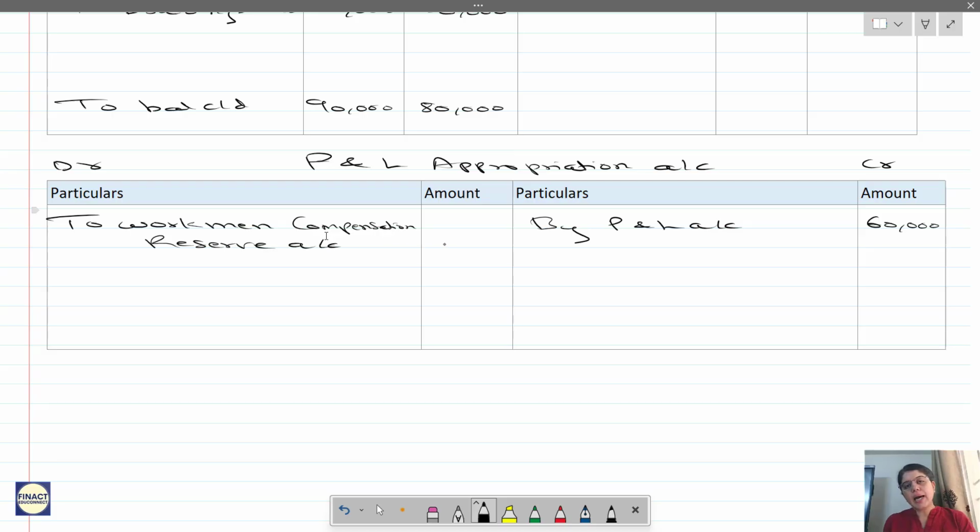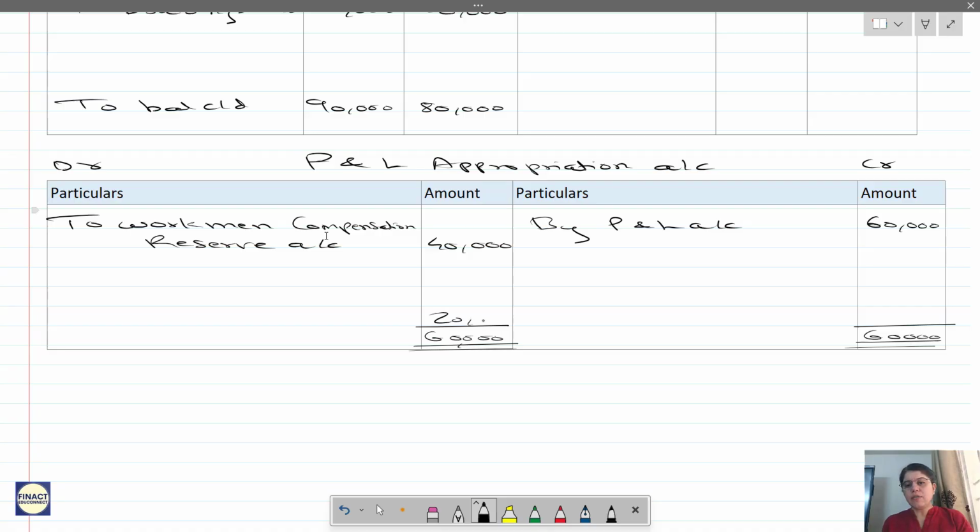And the entire 40,000 is created in this year. So 40,000, and then the balance profit. What is the balance profit here? Credit side is 60,000 minus 40,000. So your balance profit is 20,000.